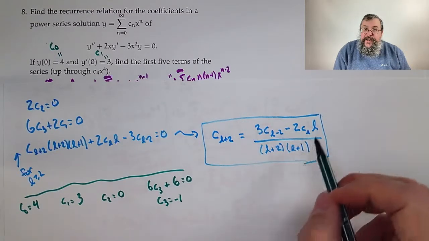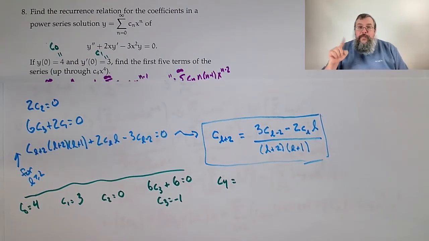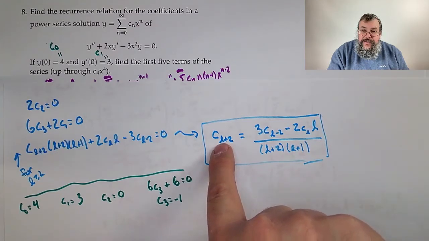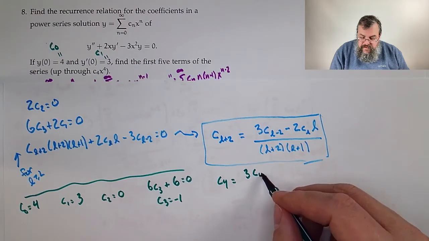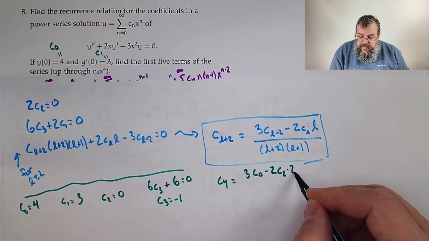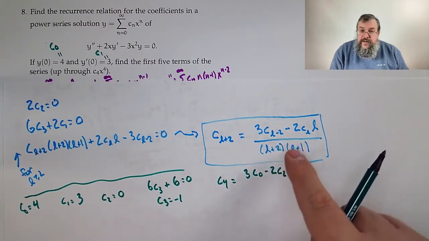Then we use the recurrence. So C4 is, what are we using for L? That would be L equals 2. So according to this, it'd be 3C0 minus 2C2 times 2. So I'm just putting, everywhere I see an L, I'm putting in 2. So 2 minus 2 is 0, 2, 2.